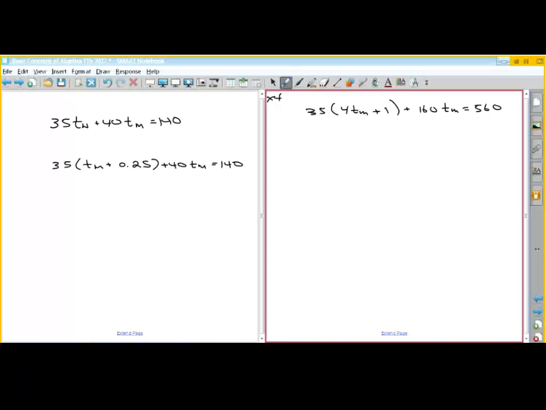So now I would multiply out 35 times both of these terms to get rid of the parentheses. So I'd have 35 times 4, which is 140. So you'd have 140 times t sub m plus 35, 35 times 1, plus 160 times t sub m is equal to 560. And then you combine like terms, so you get 140 plus 160, which would be 300.